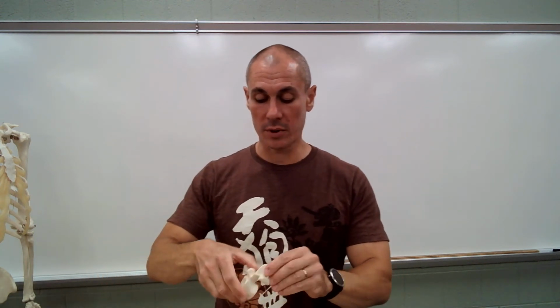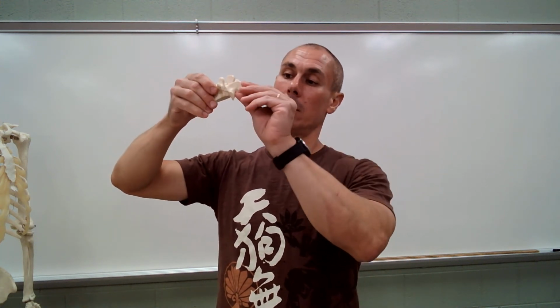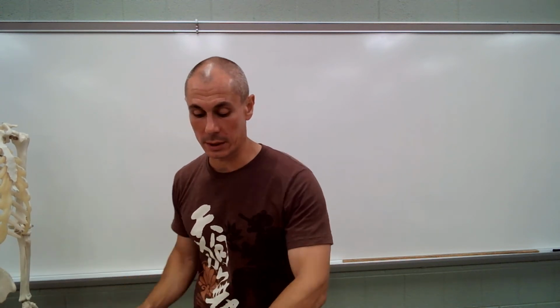And then finally, lumbar vertebrae. Massive body, triangular vertebral foramen, and from the side it looks like a moose. It really does. The spinous process is hatchet-shaped. Now, an interesting difference between the thoracic part and the lumbar part.